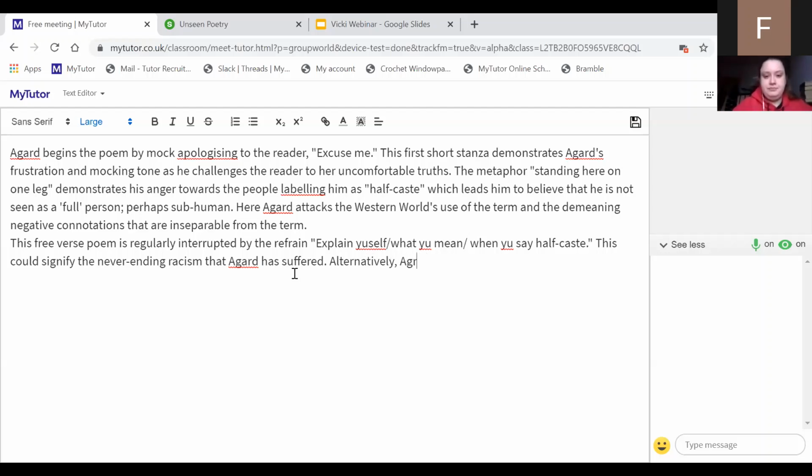Agard's mind may consistently remind him of the racism he has been a victim of.